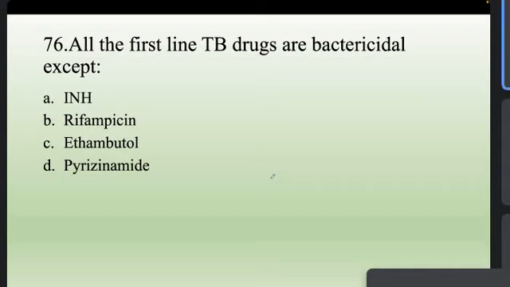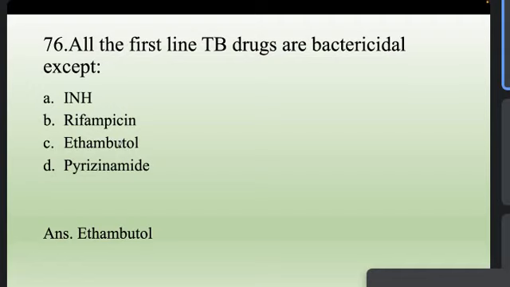Okay, so ethambutol, who answered? Why did you say it is ethambutol? It's bacteriostatic. Exactly. So that is the answer. Isoniazid, rifampicin, and pyrazinamide are drugs which will kill the bacteria, the Mycobacterium tuberculosis.